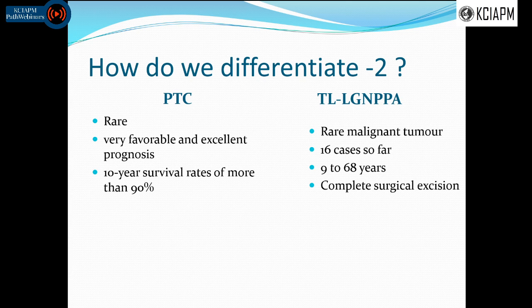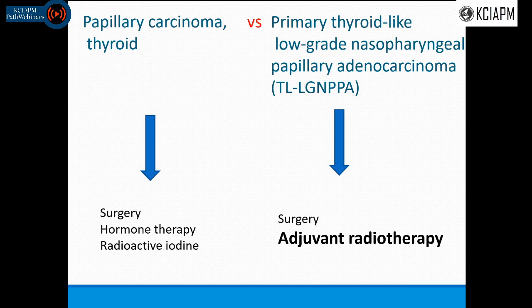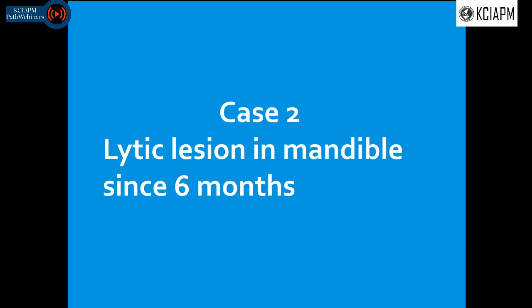But unfortunately, being in the nasopharynx, they cannot be completely cleared with surgery, and radiotherapy has to be used as adjuvant therapy, and that is the difference here. And these tumors keep recurring, and they can turn from low grade to high grade.